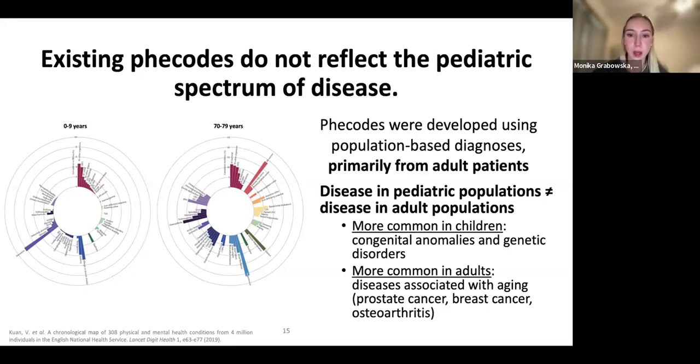Whereas in adults, you're going to see a lot more diseases associated with aging, prostate cancer, for example, breast cancer, osteoarthritis, Alzheimer's disease, and other forms of dementia. But if you're using Phe codes for pediatric-specific PheWAS, you might not necessarily be capturing those unique pediatric phenotypes.